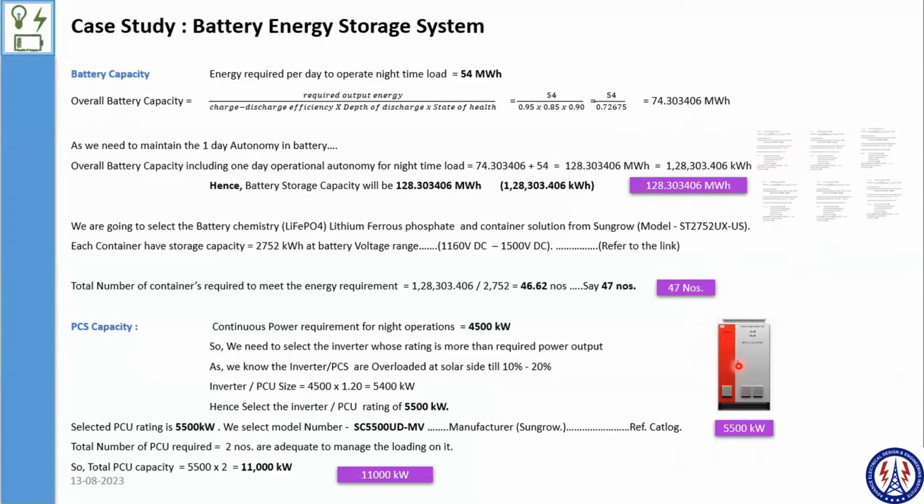When I'm discharging the power, my single PCS can manage. But have you thought about the charging time? When you are charging the batteries, have you thought about it? Let's say a single PCS is ready to give the full capacity, but will the battery accept the same power?